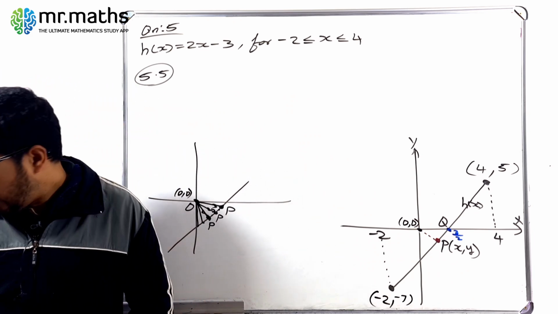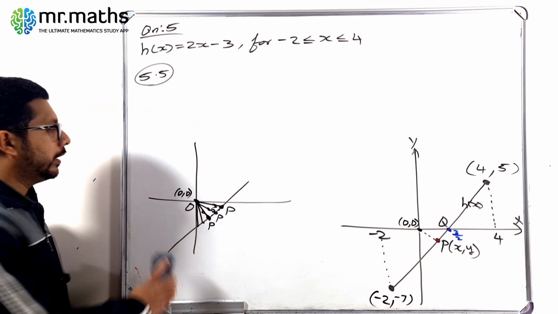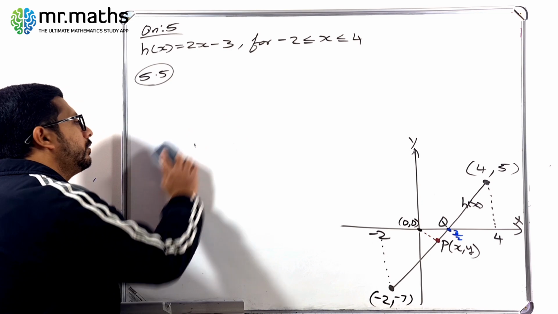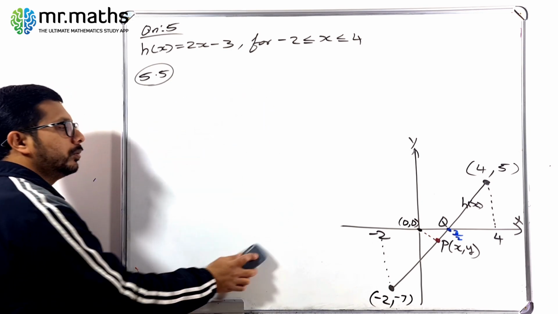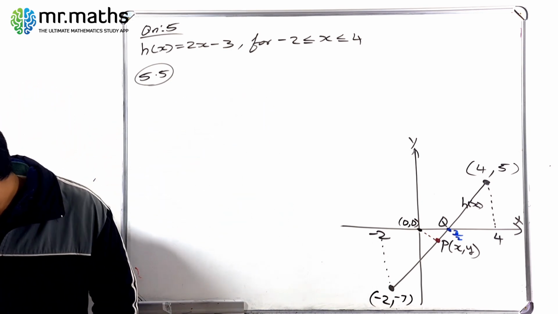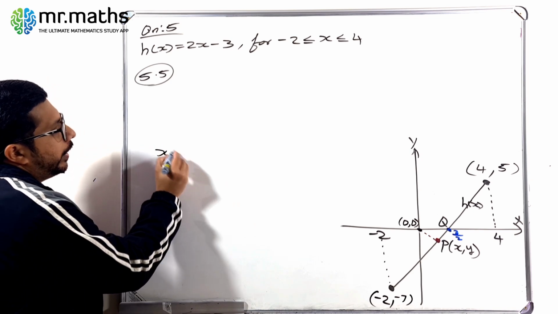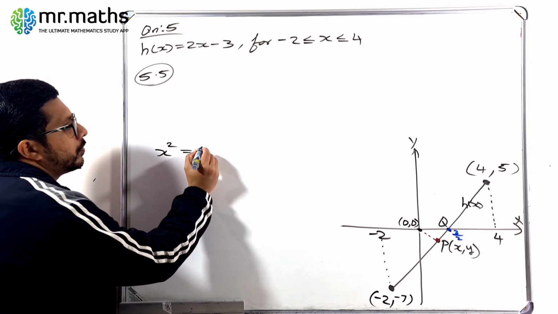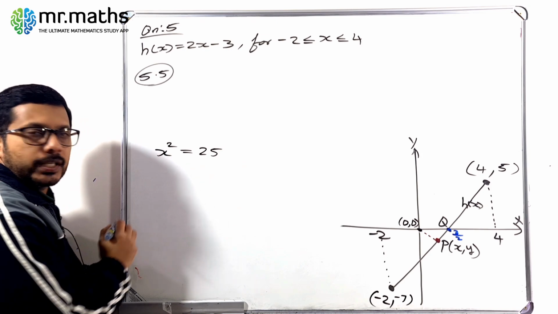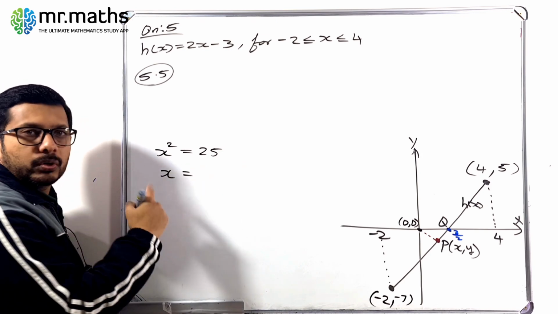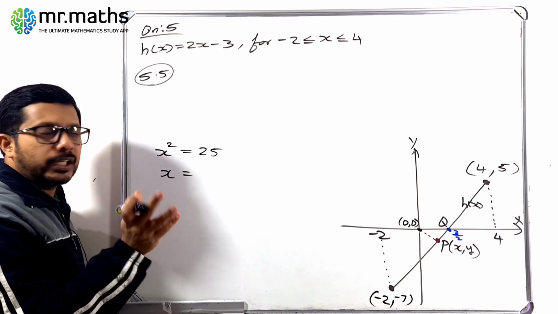Now before I go to that question, I want to explain one more thing, then we can do that question. Assume that x squared is equal to 25. What is x? Root of 25. Leave the minus case.